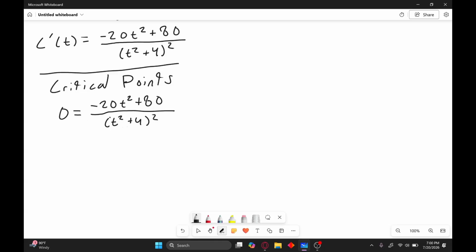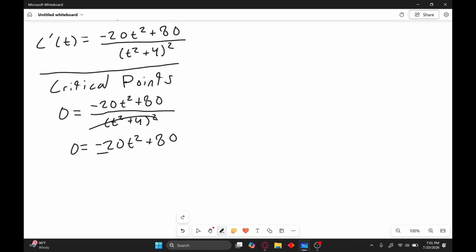Now, if we multiply both sides by t squared plus 4 squared, it'll just cancel out the t squared plus 4 squared, and we'll be left with 0 equals negative 20t squared plus 80. Now we could divide this by negative 20, as both terms have negative 20 as a factor.